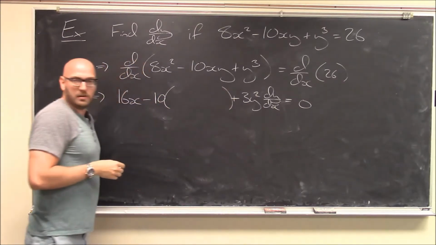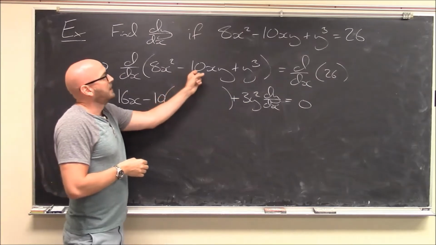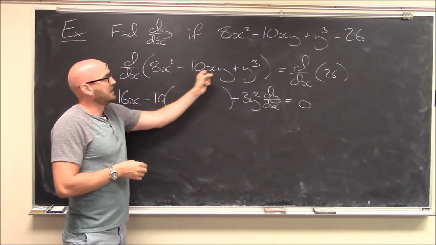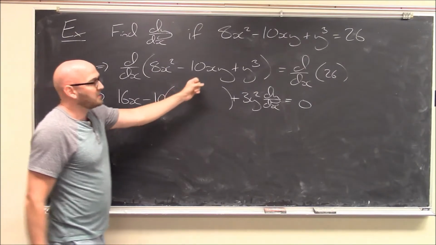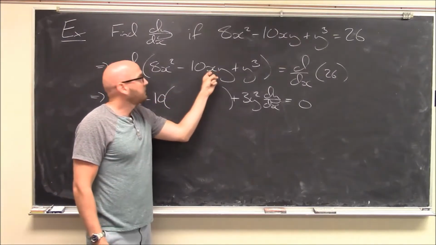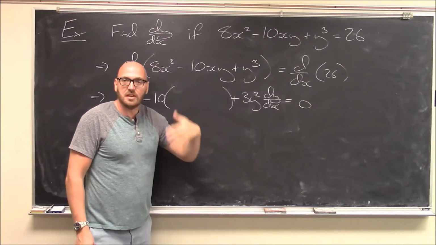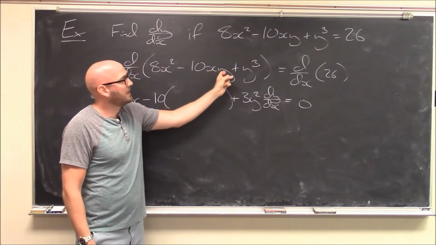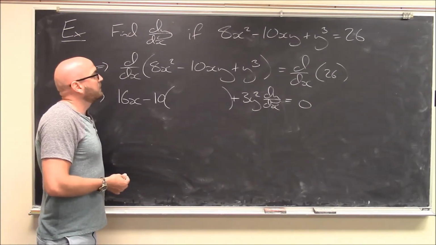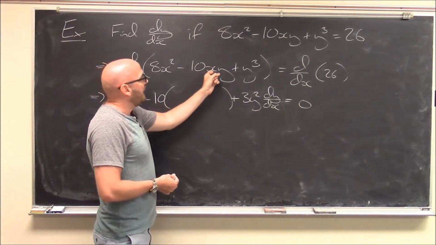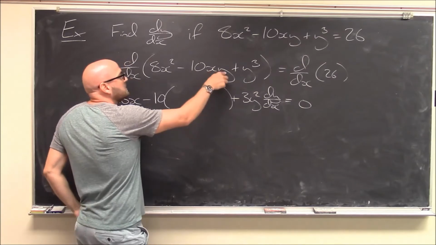But what about the middle here? Well, the minus 10 is just going to be minus 10 times the derivative of x times y. And what is this? Well, this is actually a product. It's a function of x times y, which is a function of x. So a function of x times a function of x, I need to use the product rule. All right, so what does the product rule say? It's going to be x times, it's the first function times the derivative of the second.